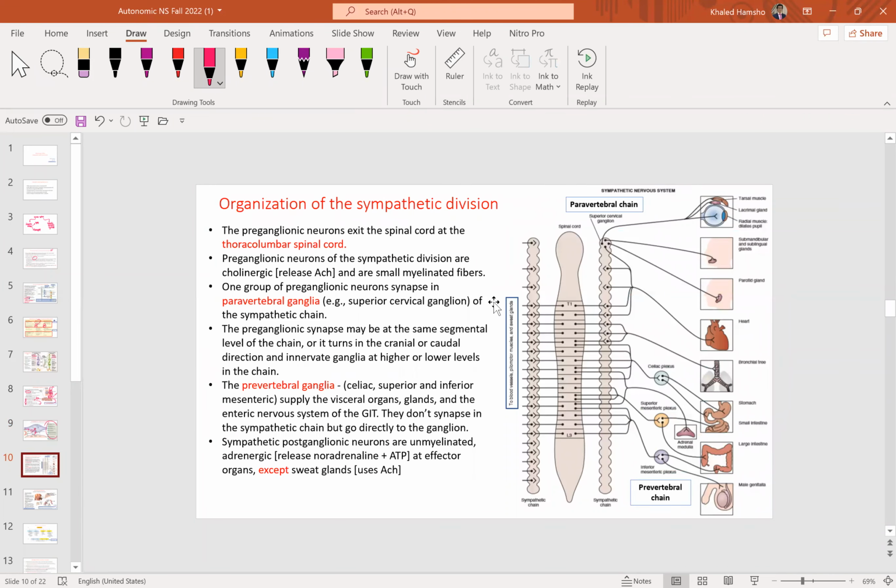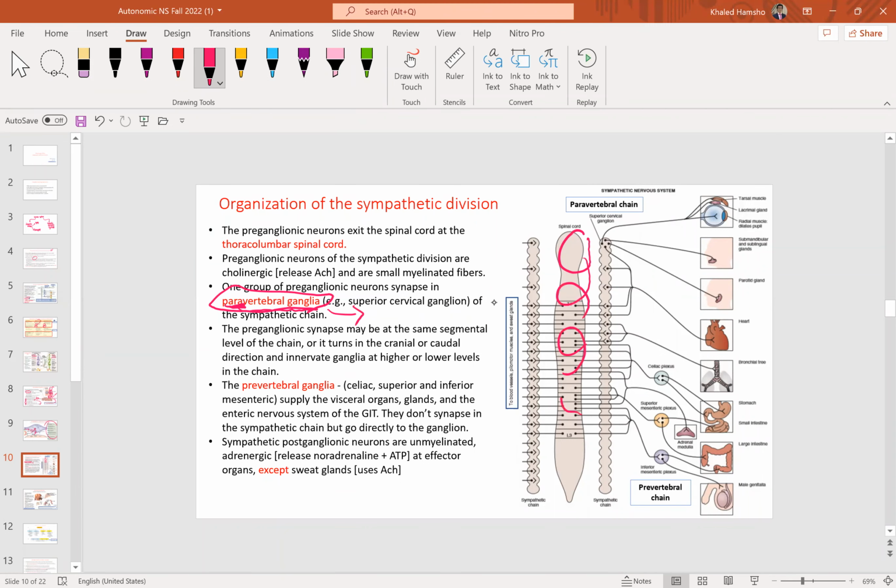Again, this is the organization. I just forgot to mention that the paravertebral chain or the sympathetic chain is the same thing. The reason it's called paravertebral is because it's parallel to the vertebra. This is the vertebra over here in the back, like the bones. This is the sympathetic chain, it's parallel to it. That's why it's called paravertebral.